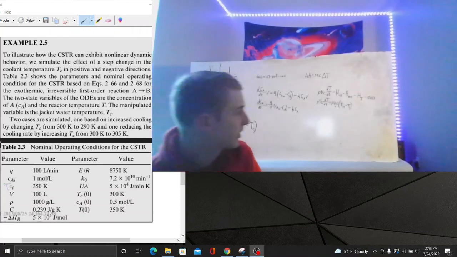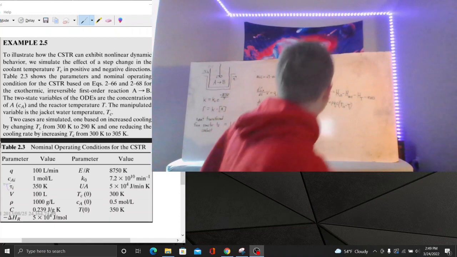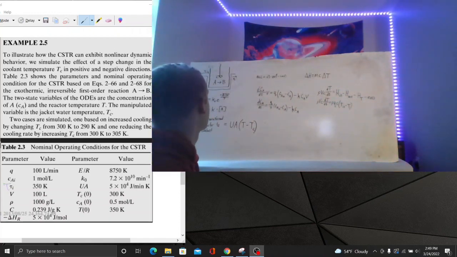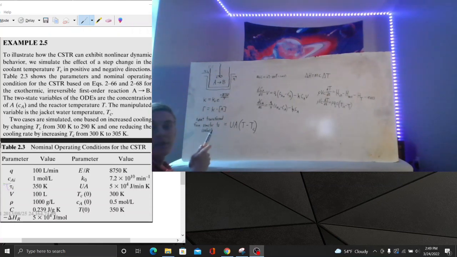So now we can do the heat transfer part of this equation, and it actually will be the exact thing that we calculated here for the heat transferred from the reactor to the coolant.